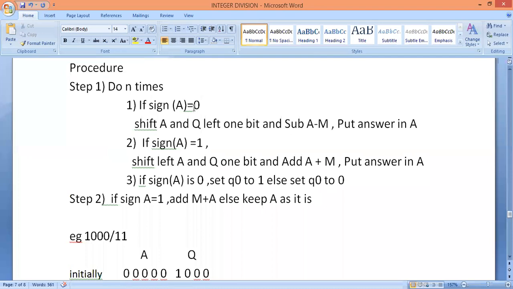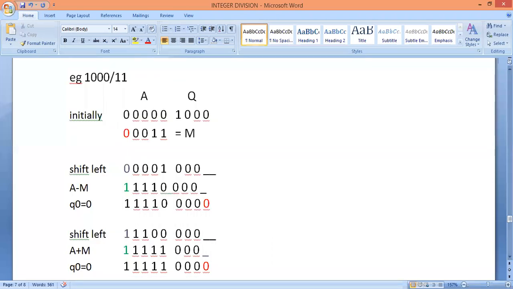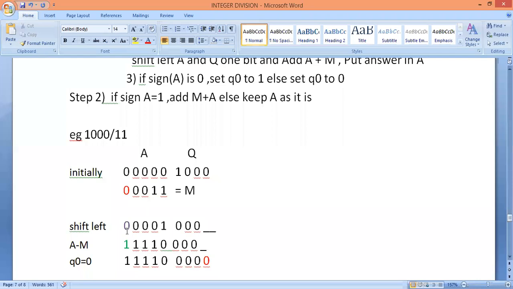First of all, we are checking the sign bit of A. If it is 0, we are shifting it and doing A minus M. If the sign bit is 1, then we are doing A plus M. So now the sign bit is 0, therefore we have to do A minus M. This is A, 0 0 0 0 1 minus 0 0 0 1 1. So the answer I'm going to get is 1 1 1 1 0. Keep Q as it is.